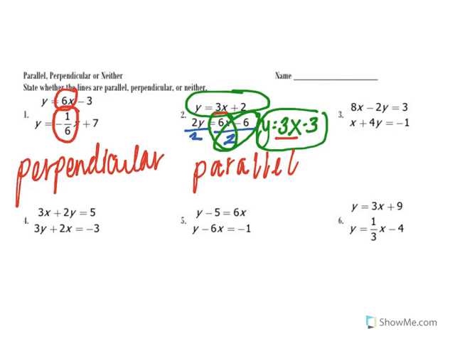So number three, before you can tell which types of lines these are, you have to put them as y equals. So we have to subtract the x from both sides. And then divide by negative 2.